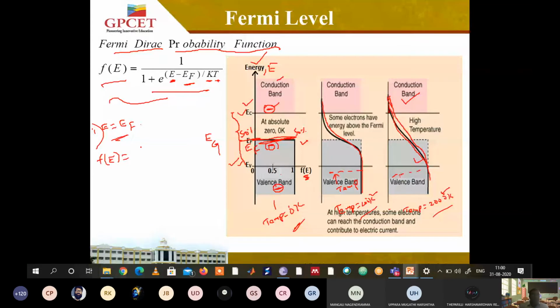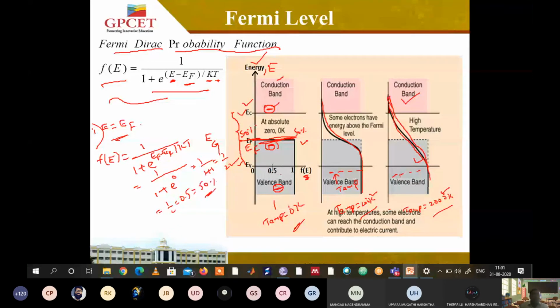Very good. 1 divided by 1 plus e power (EF minus EF) divided by kT. That is equal to 1 divided by 1 plus e power 0. e power 0 is 1. That is equal to 1 by 1 plus 1, which is 1 by 2. 1 by 2 means 0.5, which means 50%.